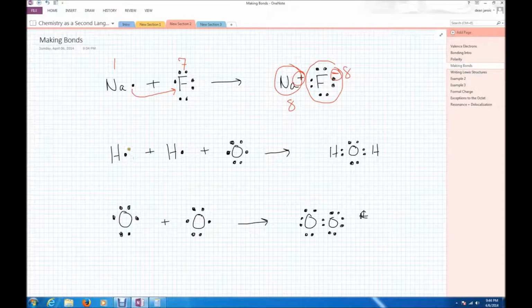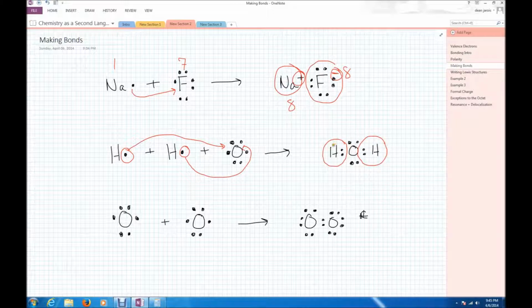Here we got hydrogen, and that's got 1 electron. Another hydrogen which has got 1. So we can give 1 of hydrogen electrons there and 1 here, and we can actually share these electrons. And now we got these.